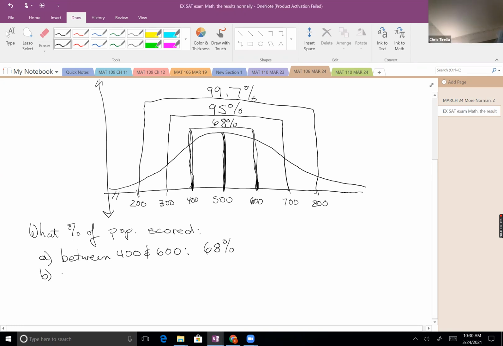Then let's find the percent that scored between 500 and 700. 500's here. Ooh, that's the middle. 700's here. So it's 68 and 95? Well, 500 is smack dab in the middle, right?